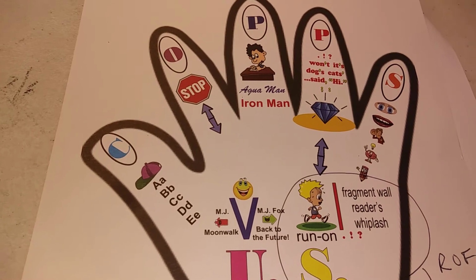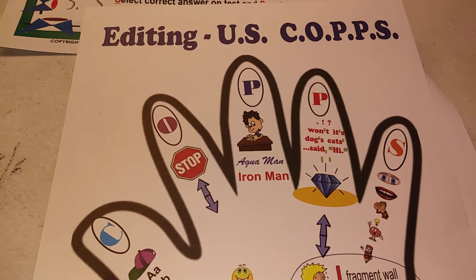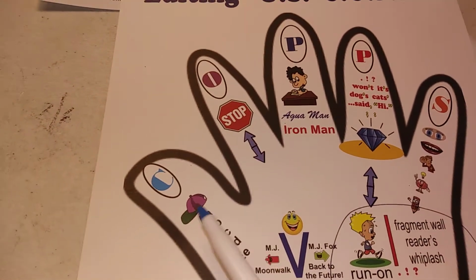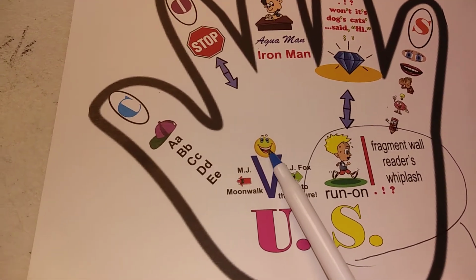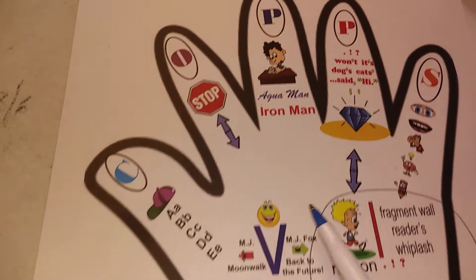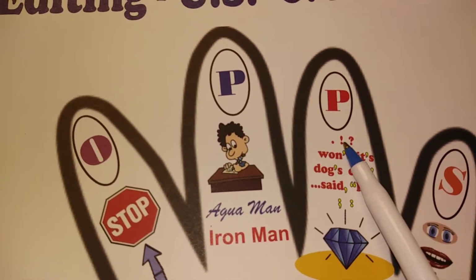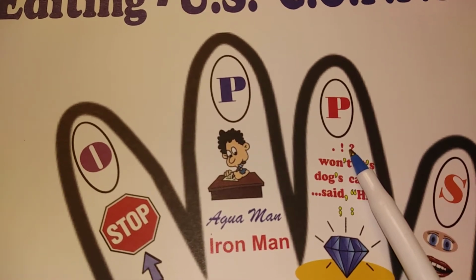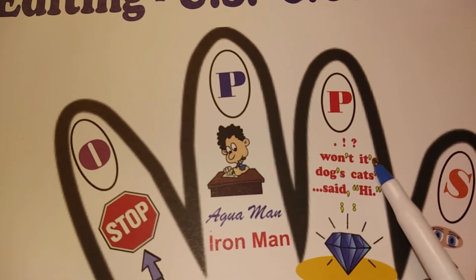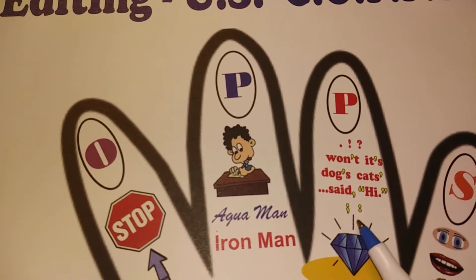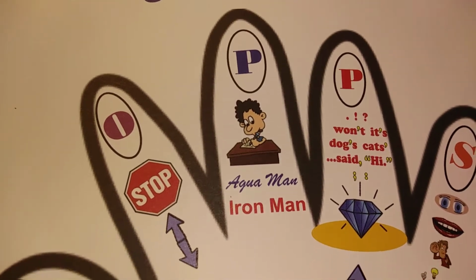Real quick, editing: if it says what change should be made in a sentence, it'll always be CUPS. C for capitalization, U for usage, subject and verb agreement, P for punctuation, either red stop signs called periods, exclamations, and question marks, or yellow slowing down signs, apostrophes, contractions, commas, quotation marks, semicolons, and colons, okay?